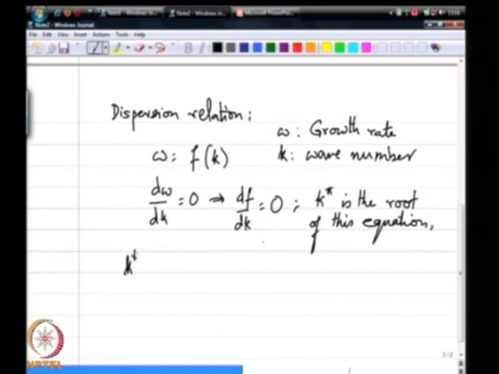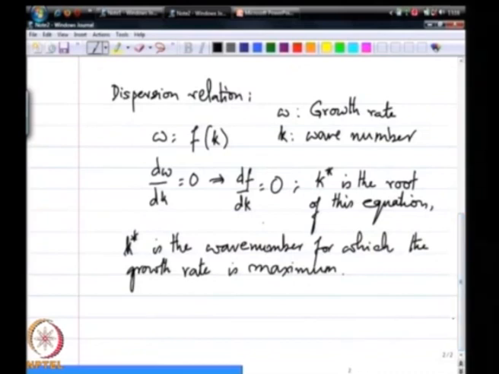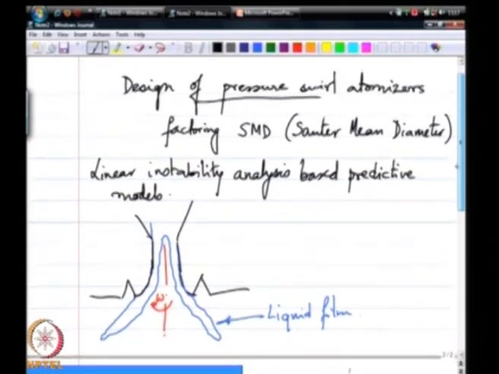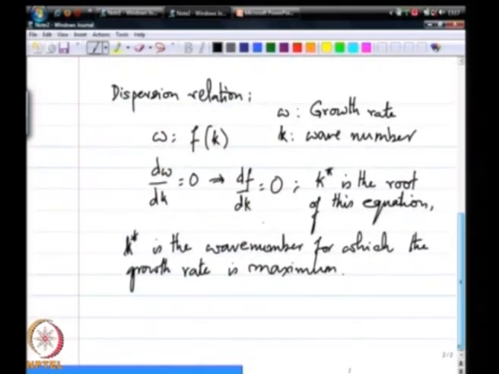That gives me k star. This k star is the wave number for which the growth rate is maximum, which means that in a very short distance away from the nozzle, that particular wave number is going to dominate the structures, the fluid structures in the liquid sheet or in the liquid film.